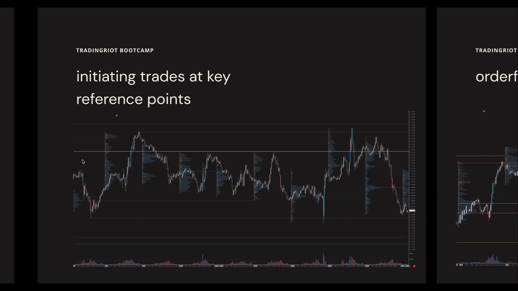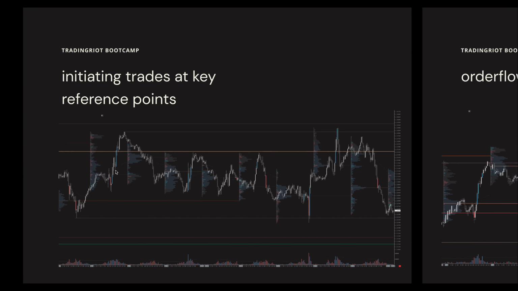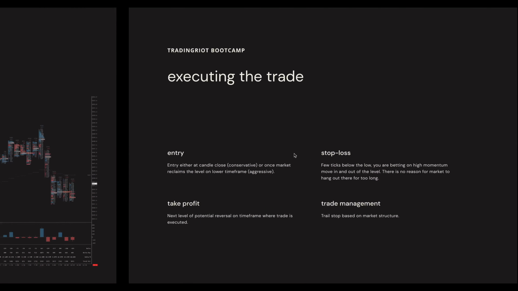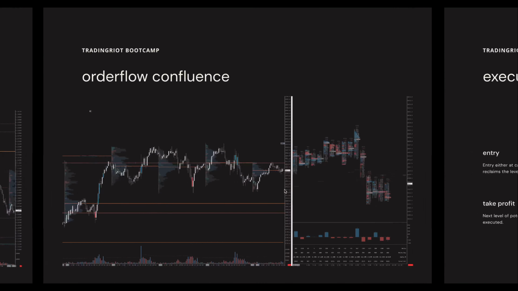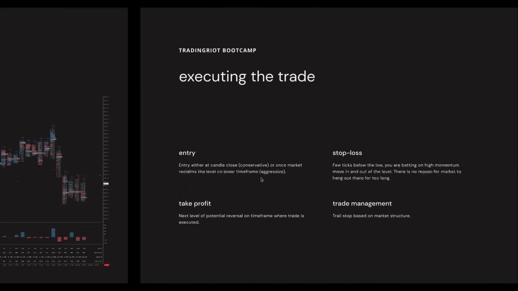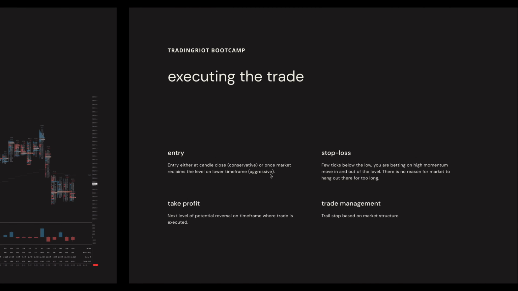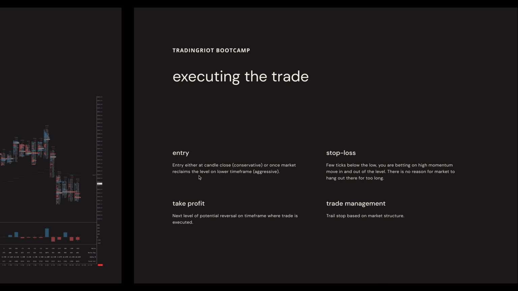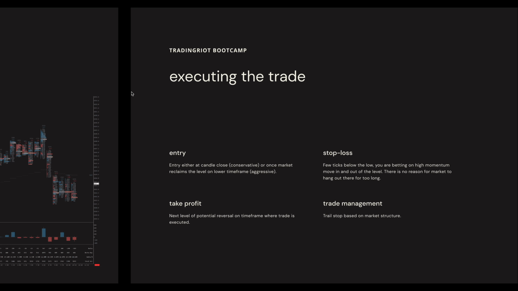Overall, this is after any little bit of a reversal anyway, so your stop can be quite tight if you are using this aggressive approach, which is an immediate sell-off once you get this first level of confluence or the reclaim of a level on a lower time frame.